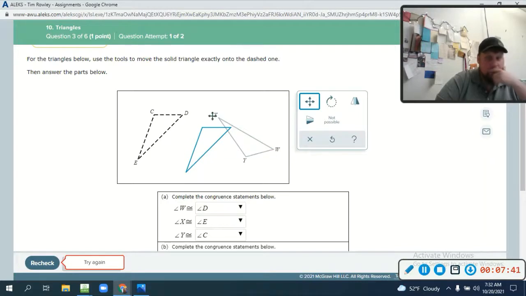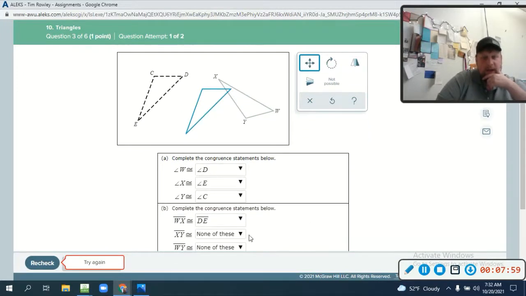It's kind of where the two longer legs meet, so that'd be angle E. And then, where we have angle Y, is where kind of the short and the medium-sized leg meet. Short and medium-sized leg would be angle C. There we go. Boom.